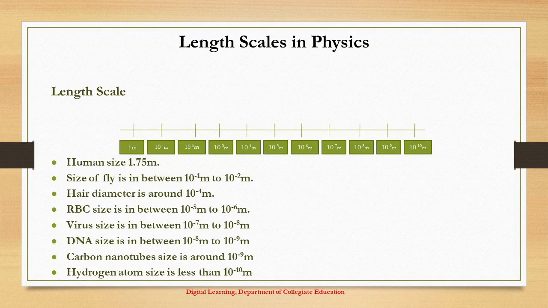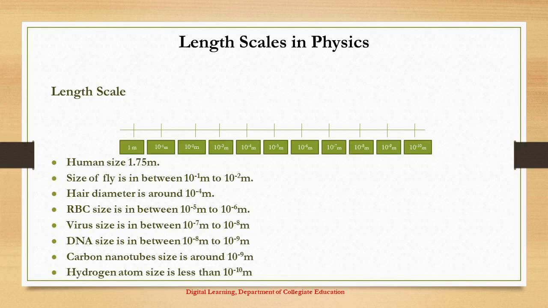Next, a bit lower, size of the fly. The size of the fly is of the order of 10 power minus 1 to minus 2 meter. Now just keep on imagining the dimensions. Next, hair diameter. We know our hairs.